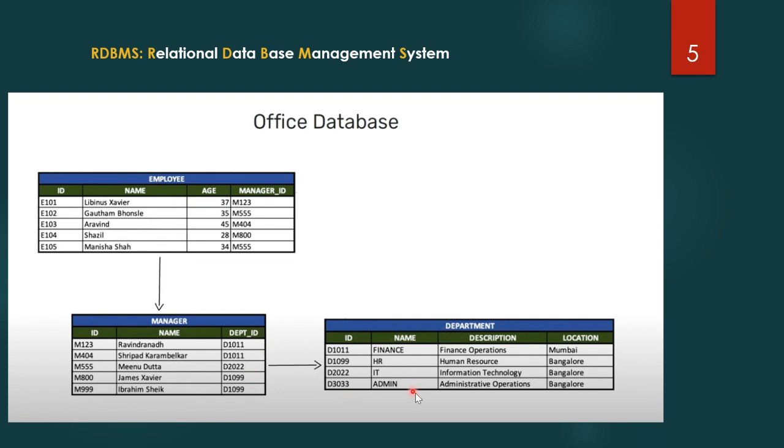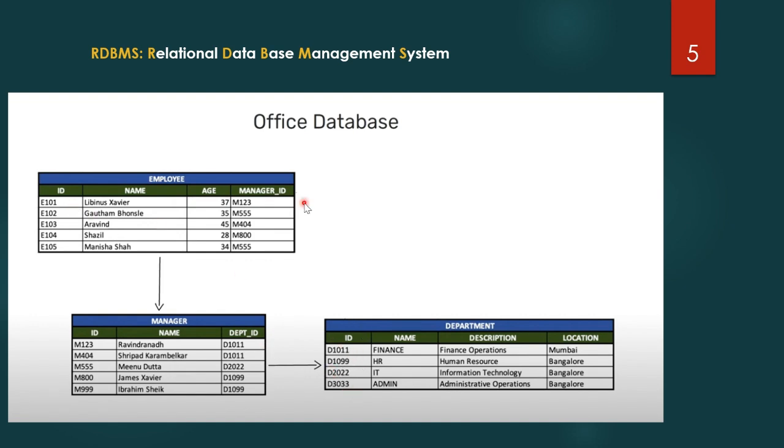And when you come to the department table, we have department ID, name, description, and location. So here, this primary key is a foreign key here, and this foreign key is a primary key over here.